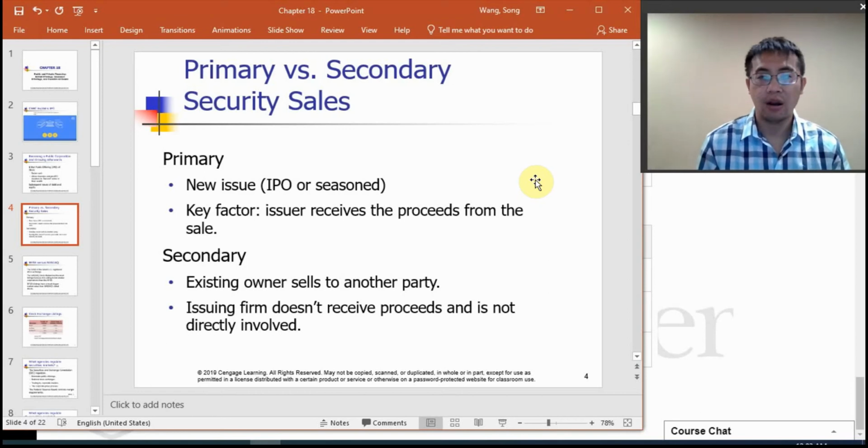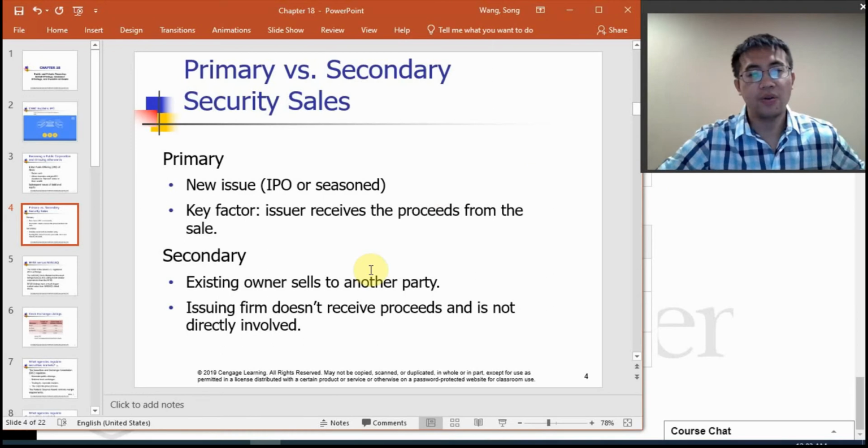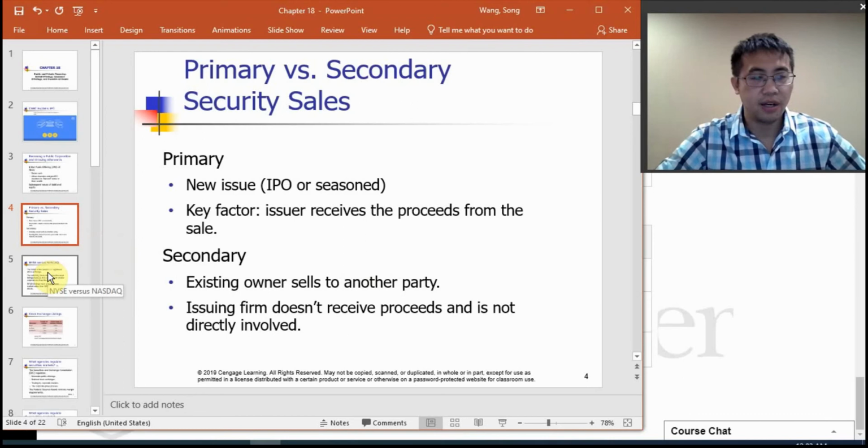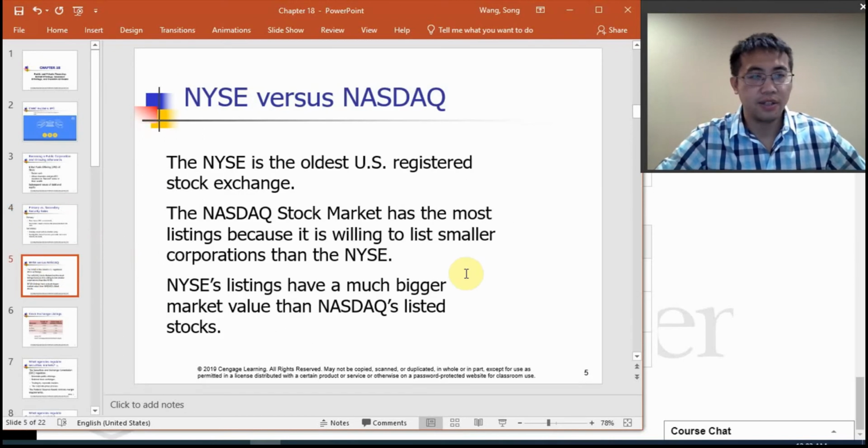These buyers are the first buyers of the company's equity. Then the first buyers purchase the stock, and they will resell the shares to other buyers, and that is basically the secondary market. So when the existing owners sell to another party, that's secondary market activity.